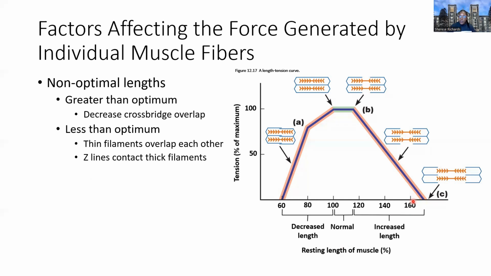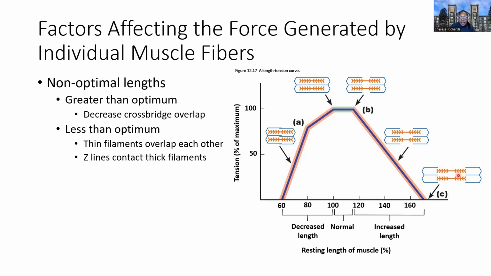In that instance, we're not going to have the maximum amount of overlap when cross-bridge cycling begins because it's starting from too far of a position, too stretched out. So that will decrease the amount of force that can be generated from this muscle.